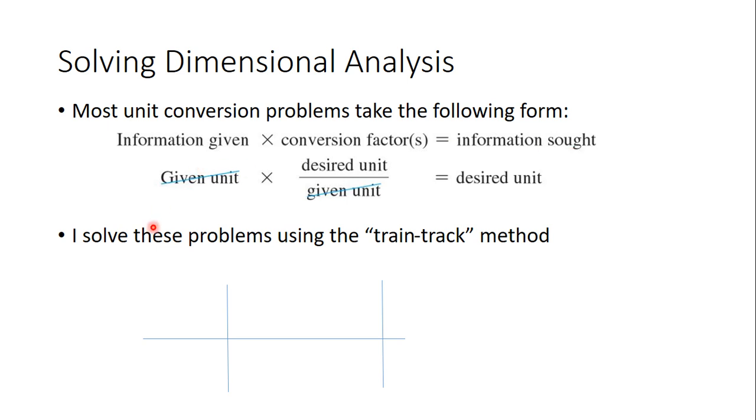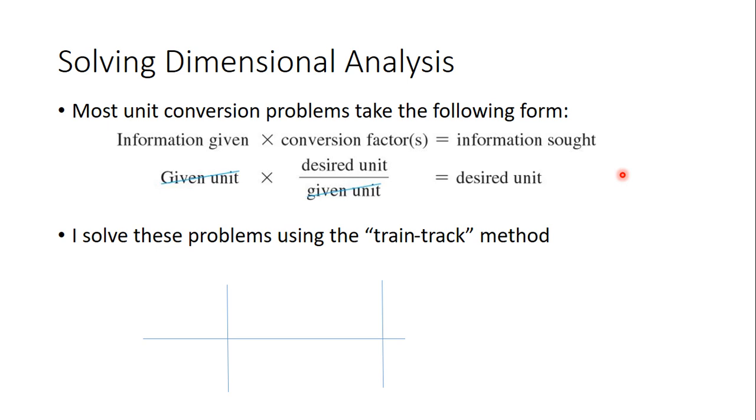And these are also checked by looking at the units. So you're given one unit, and you have a conversion factor that is your desired unit divided by your given unit. When you multiply something that is being divided by the same unit, those units cancel out and you get your desired unit. So to keep this straight, for me, I use what I call the train track method.